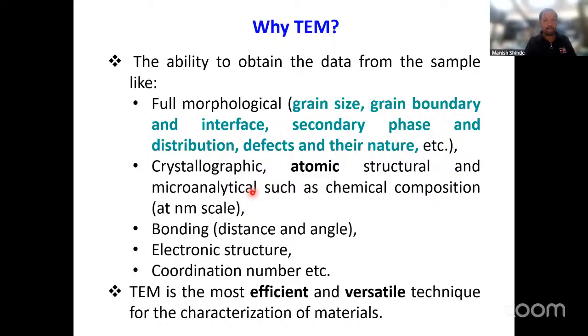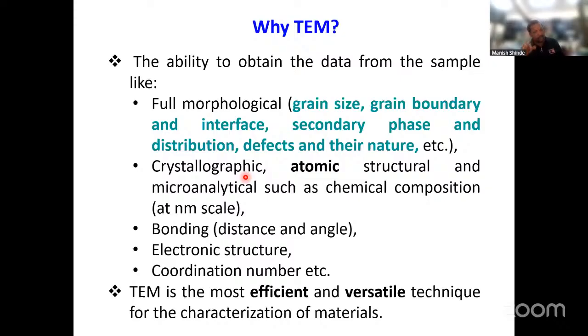Okay. So what kind of information do you get? You get morphological information like grain size, grain boundaries, interface, secondary phases, distribution, defects. Then crystallographic information, meaning atomic structure, and analytical information like chemical composition, bonding, electronic structure, coordination number, लॅटिस स्पेसिंग. जे XRD मध्ये तुम्हाला जे पीक्स मिळतात ना, HKL प्लेन्स मिळतात, तसे त्याच्यासाठी तुम्ही d व्हॅल्यू कॅल्क्युलेट करता.